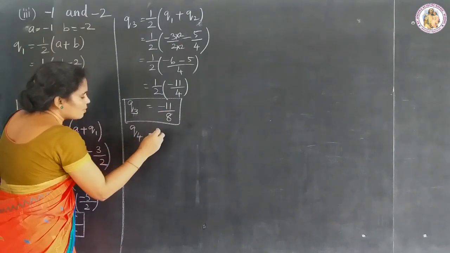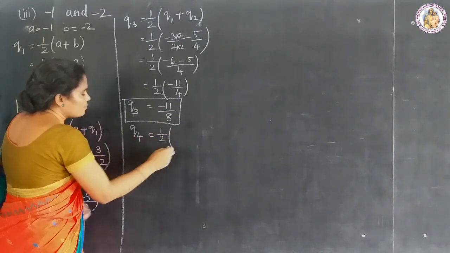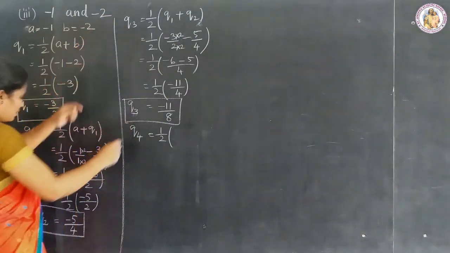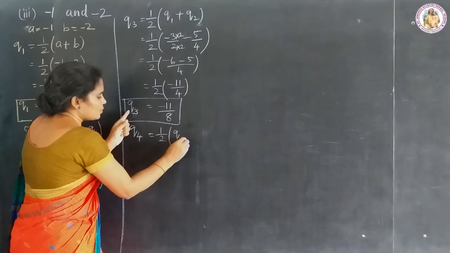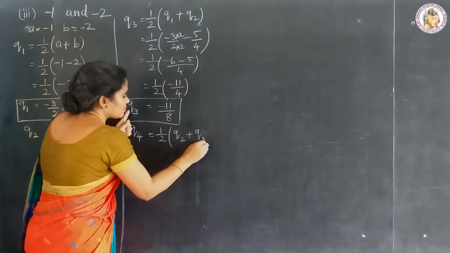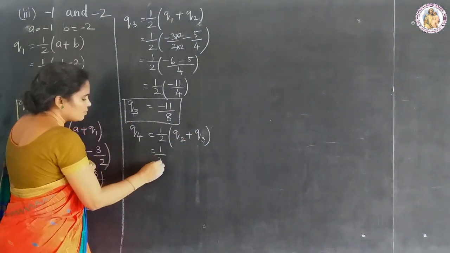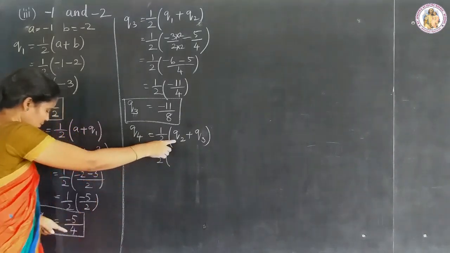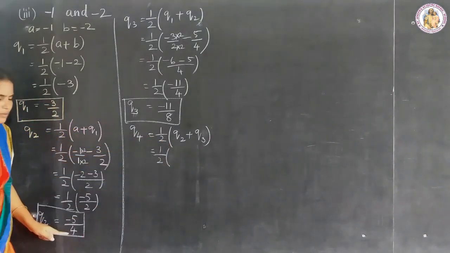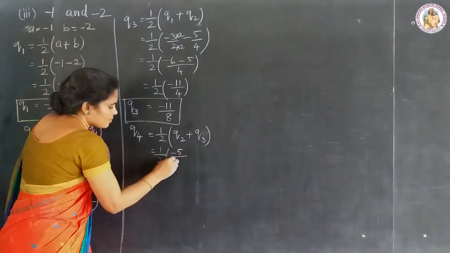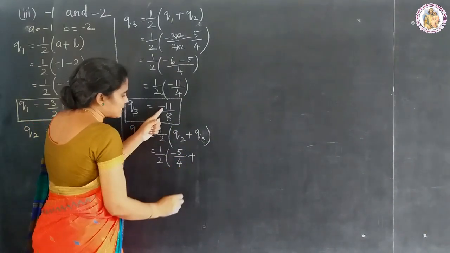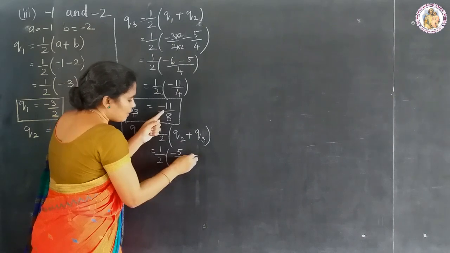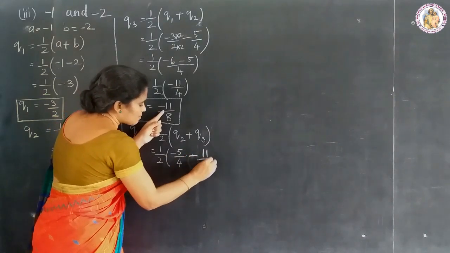Find Q4: 1 by 2 of, go with Q2 as well as Q3. Q2 plus Q3. 1 by 2 of Q2, we have minus 5 by 4 plus Q3 minus 11 by 8.